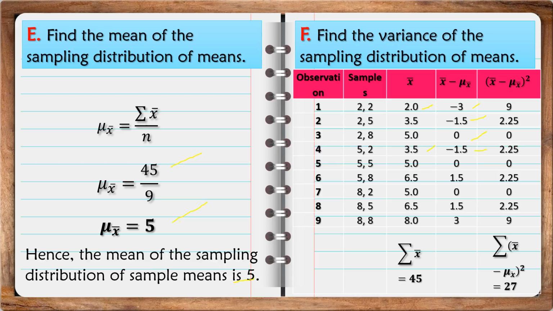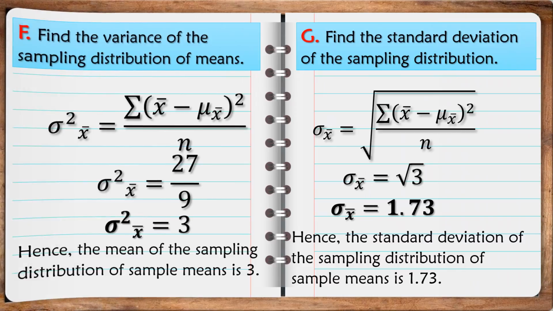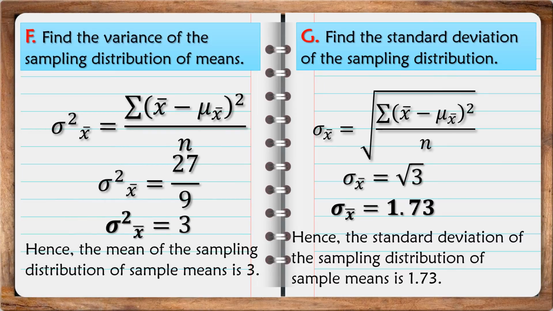Then, for us to get this, negative 3 times negative 3, that is 9. Negative 1.5 times negative 1.5, that is 2.25, and so on and so forth. Then the summation of the squared deviations is 27. Find the variance of the sampling distribution of means.